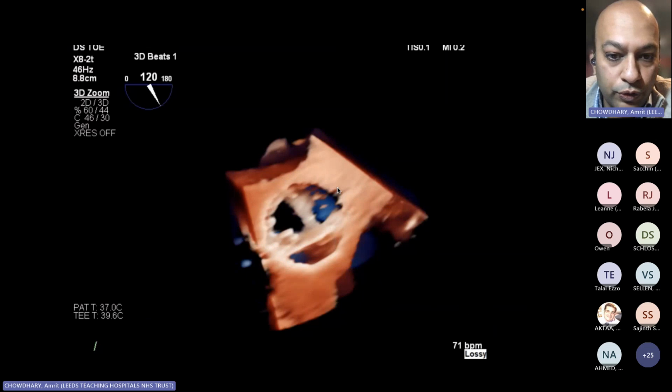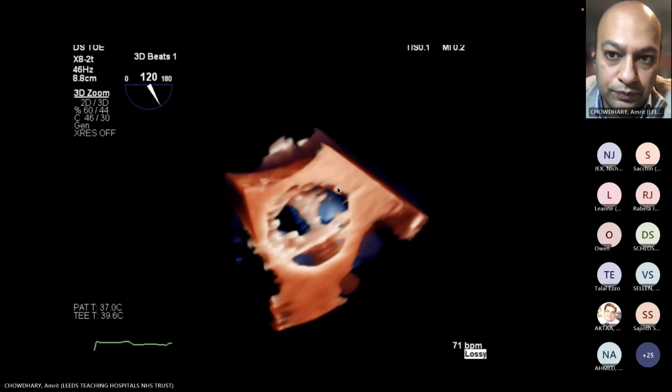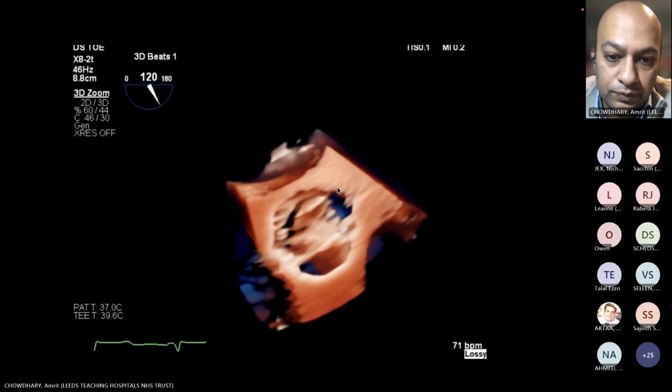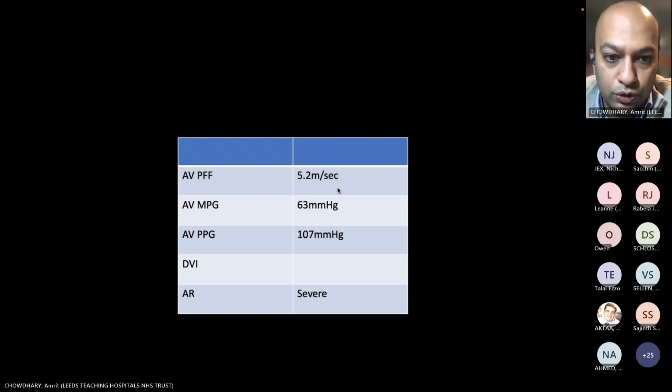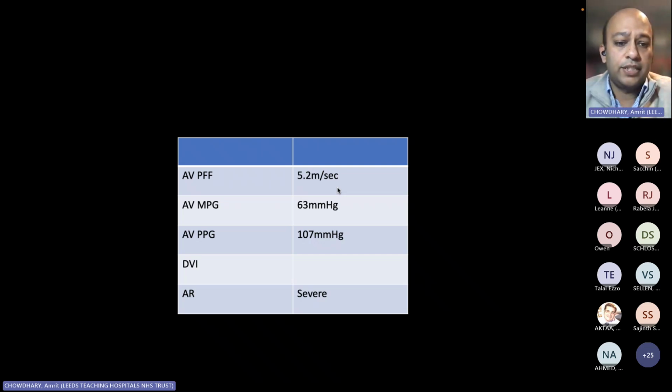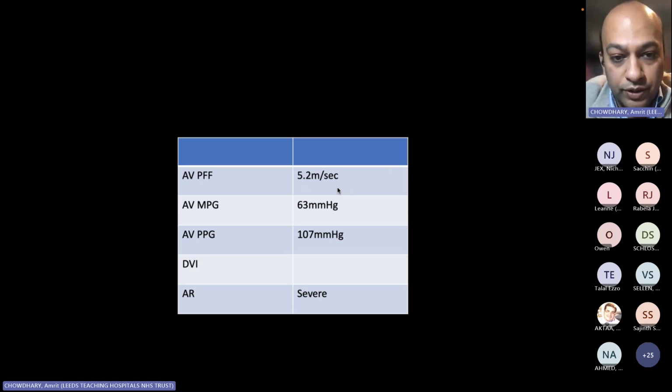And a true view of 3D of the aortic valve. These were the parameters measured on the echo. The peak forward flow was raised at 5.2, mean gradient of 63, peak of 107, and severe AR was reported.